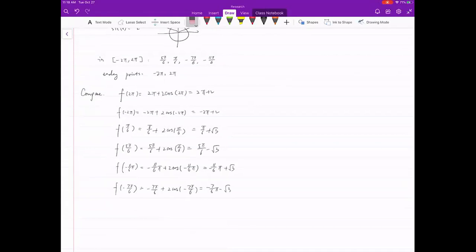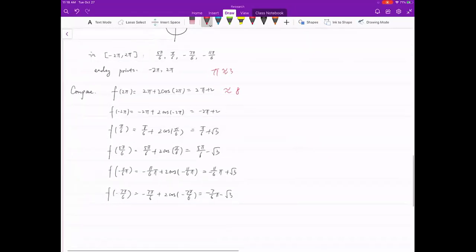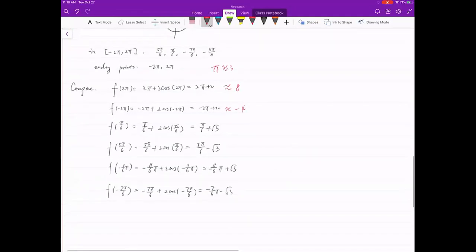It's a little bit harder to test which one is bigger, but keep in mind pi is almost 3. So this one is almost like 8. This one's almost like -4. This one's almost like 0.5 plus 1.732, so roughly 2.2.